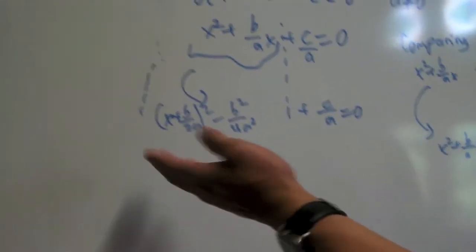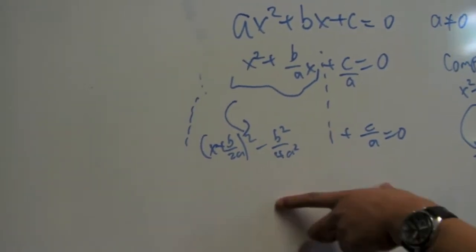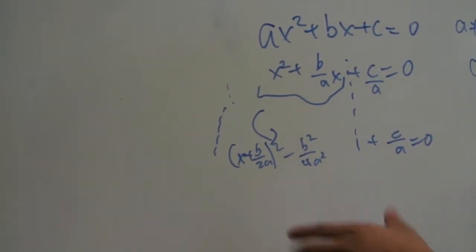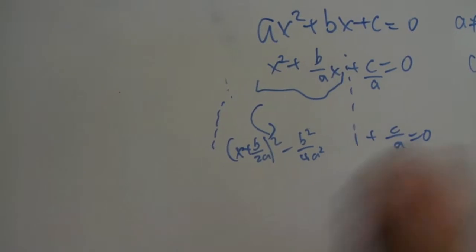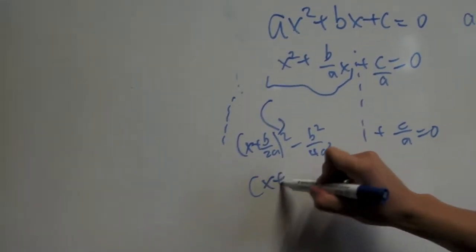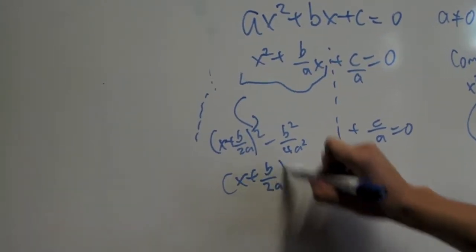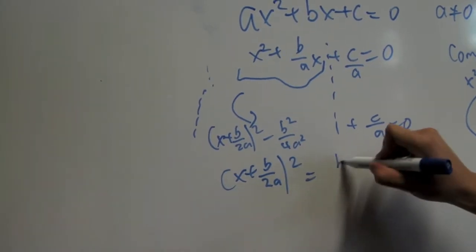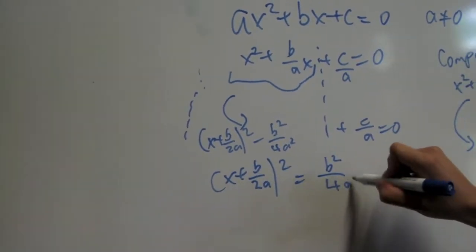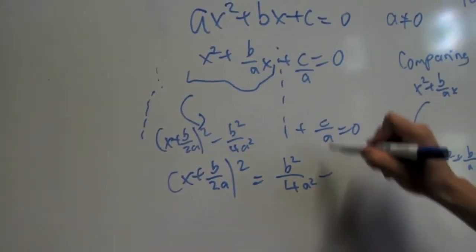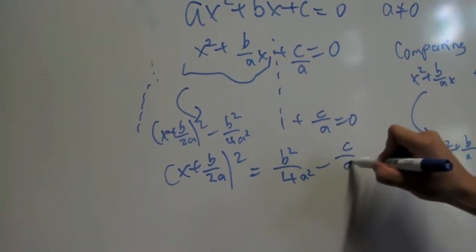So now again, we have a perfect square bracket and a whole bunch of other constants that we can deal with later. So let's move everything over to the other side. x plus b on 2a squared is equal to b squared on 4a squared. Move that term across, move this term across, c on a.